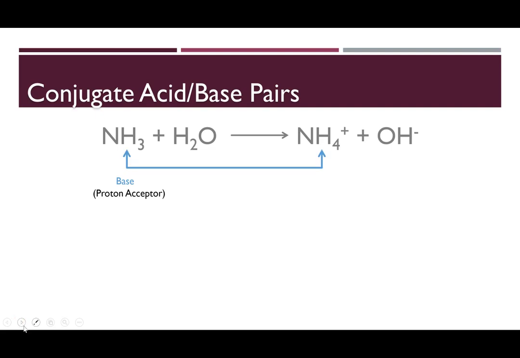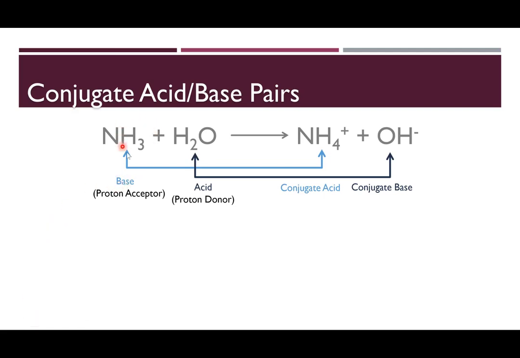So here in this slideshow is where I actually go through this idea of conjugate acid-base pairs. This is everything that we've already talked about. We've got an acid reacts with a base, and it will always be connected with its conjugate pair on the other side. So acid, conjugate base, base, conjugate acid.